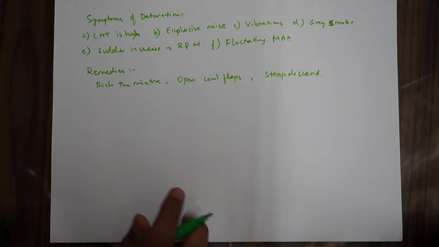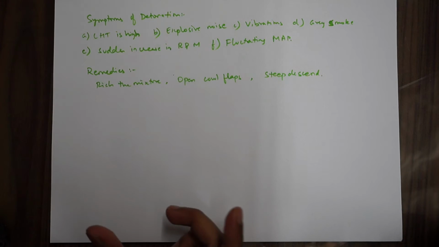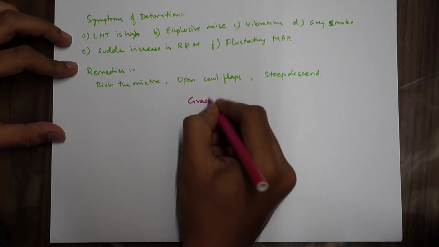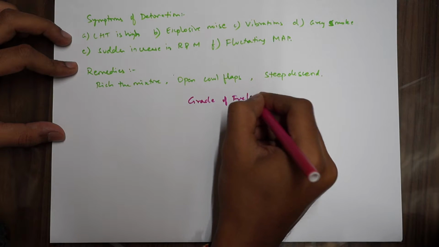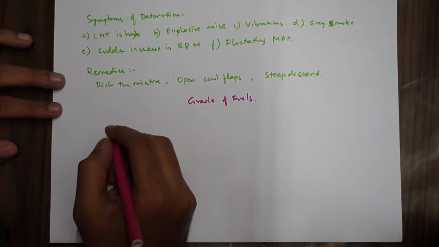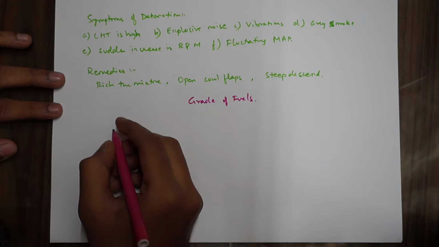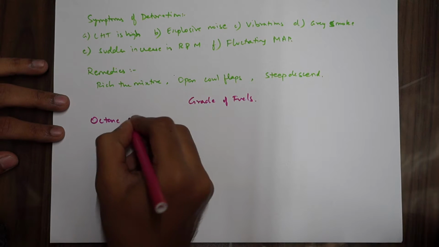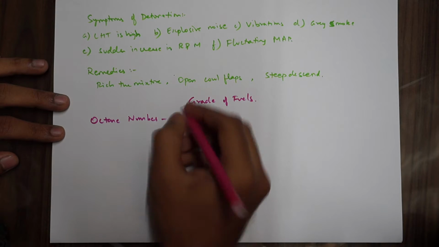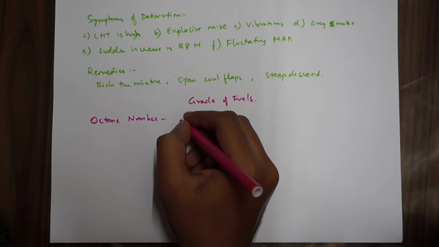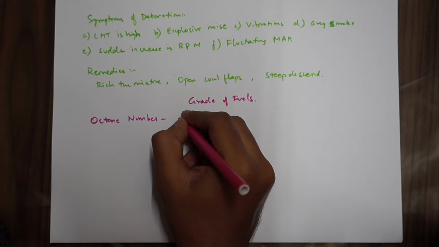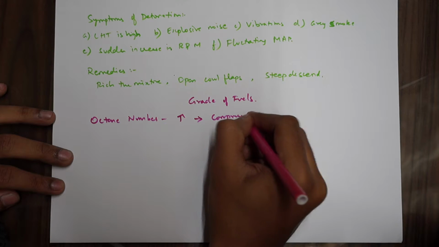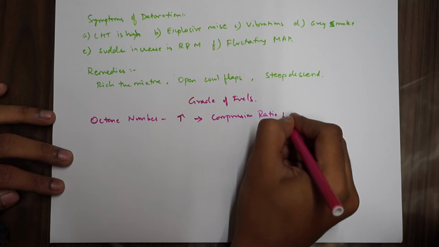Alright, so let's discuss the next topic, that is grade of fuels. In the aviation industry, the fuel is graded based on something called an octane number. So what does this octane number signify? If your octane number is high, that means your compression ratio is high.